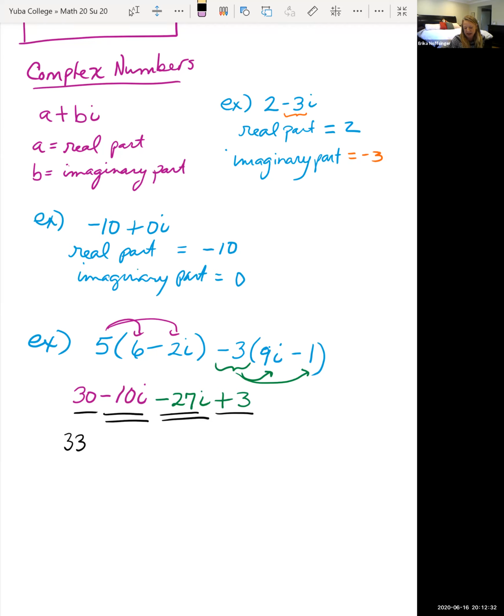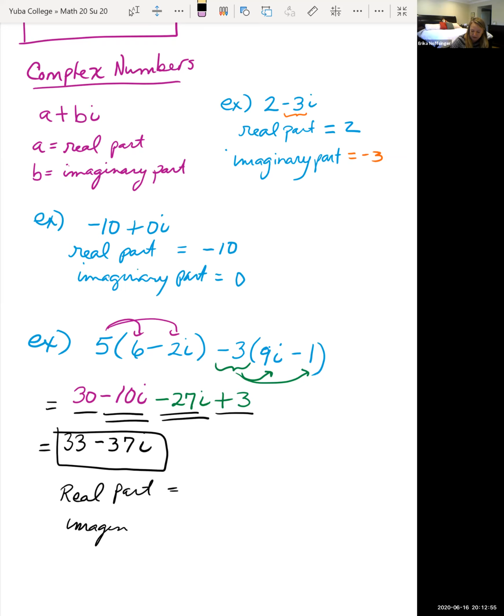Signs are the same, so add 10 plus 27 is 37, carry the same sign, so -37i. And so looking at it, we can define which part is real and which part is imaginary. So the real part is 33 and the imaginary part is -37.